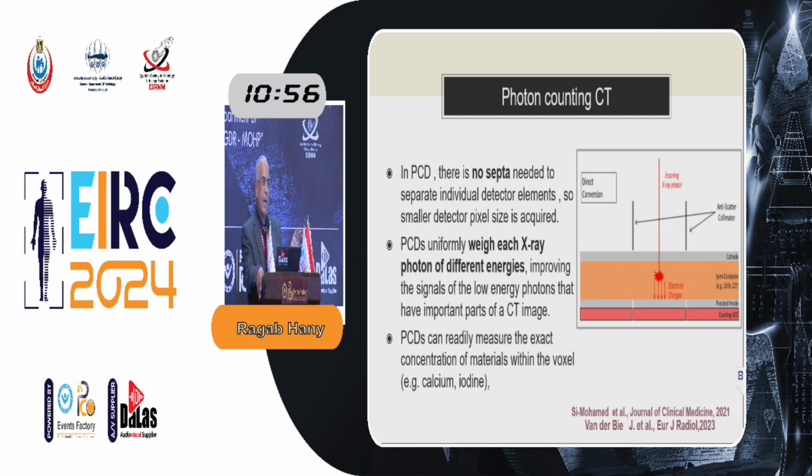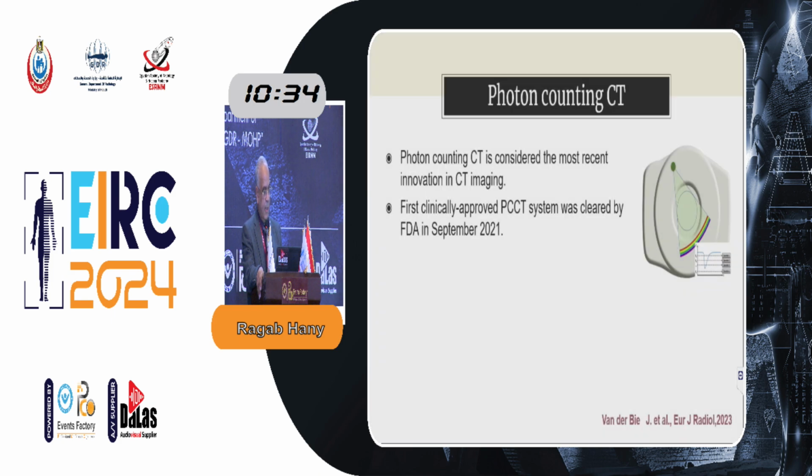Also, there are no septa in the detectors because there is no scattered photon. There is no light photon scatter, so no need for septa between the detector elements, and this helps in the production of thin detectors with a small pixel size.